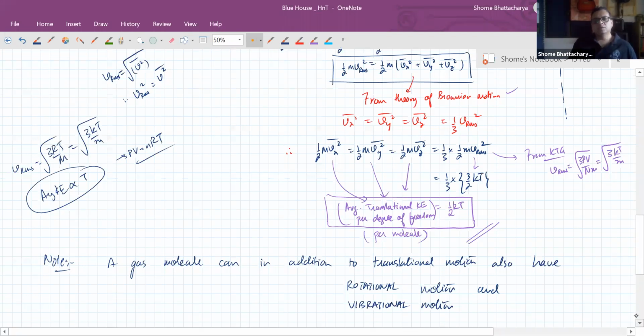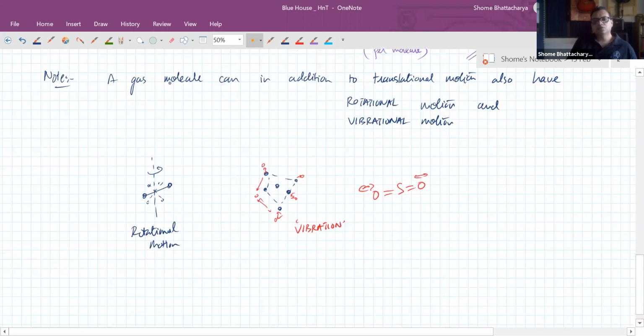So depending on the shape and size of the gas molecule, it can have additional types of motion. In addition to translation, it can also have rotational and vibrational motion.